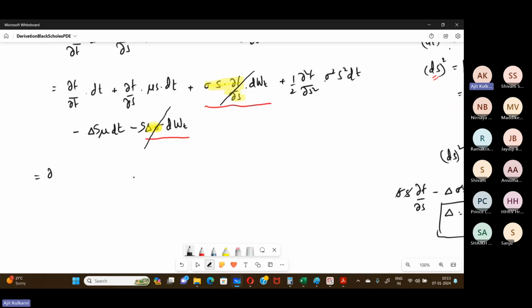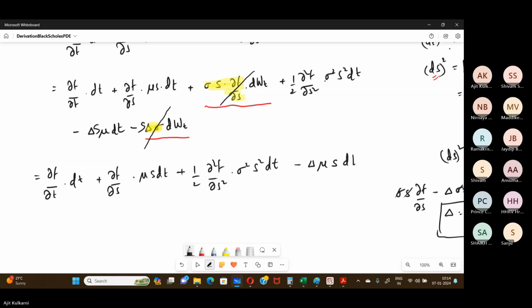So you have dou F by dou T into dt plus dou F by dou S into mu S dt plus half of dou square F by dou S square sigma square S square dt. And what is left? Minus delta mu S dt.